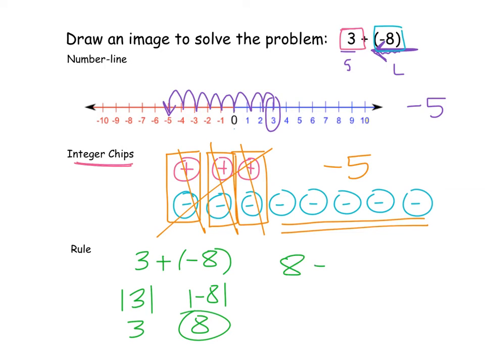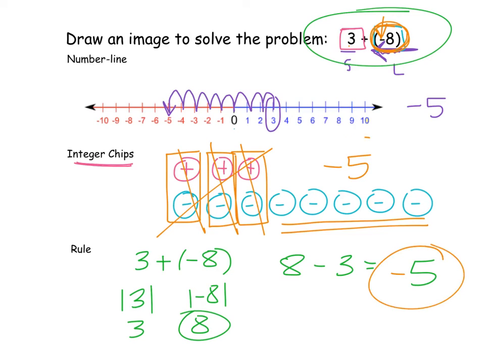So we're going to take 8 minus 3, which I know is 5. And then we go back up to this original and we look at which one is further from 0, 3 or -8. Well, -8 is further from 0, and I'm going to take the sign from that number. It's negative, so that means my answer is negative. No matter how I did the problem, I got the same answer every single time.